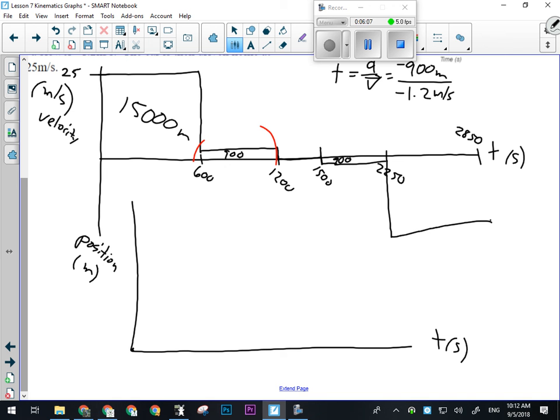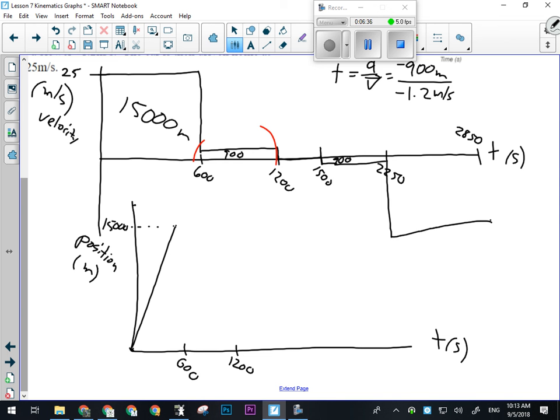So we start here at position 0 and we move at a constant velocity of 25 meters per second for 600 seconds. That gets us to a position of 15,000 meters. And then we walk really slow for the next 600 seconds, and we go another 900 meters further.